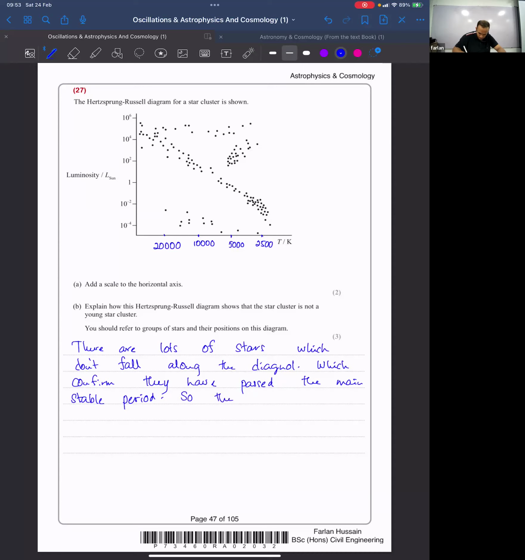So the stars are old. And they have reached the end part of their cycle or life cycle.